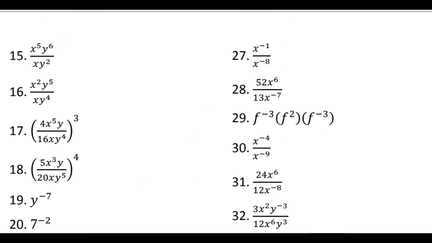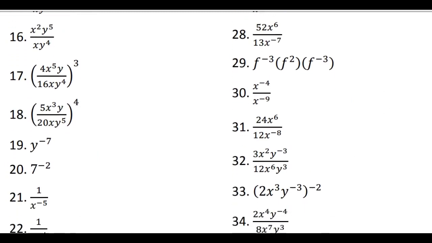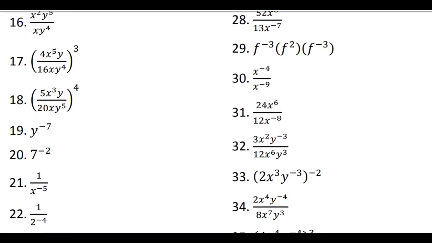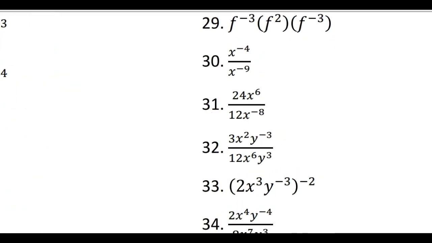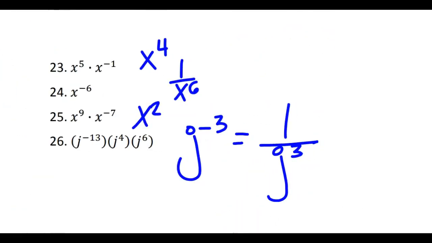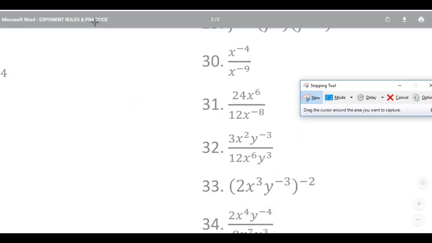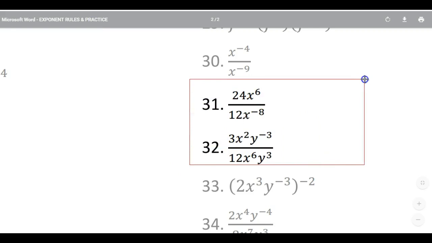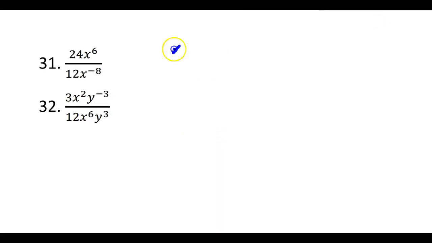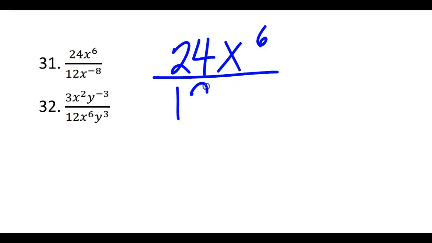Okay. Let's look at a couple of kind of difficult ones. We only have about 3 minutes left. Okay, what if we have 24x to the 6th power over 12x to the negative 8th power?